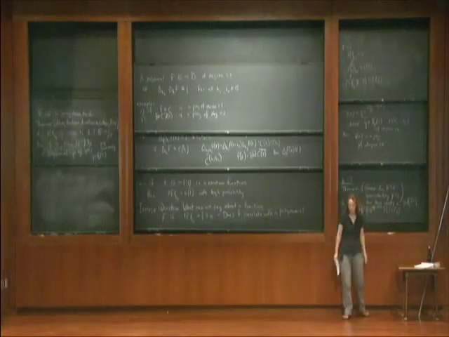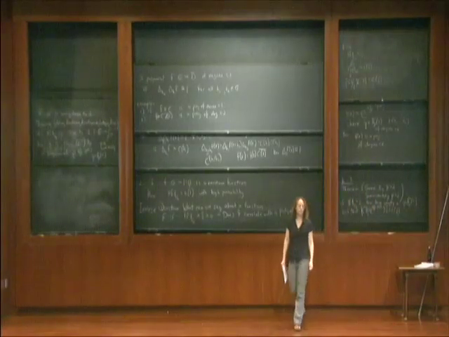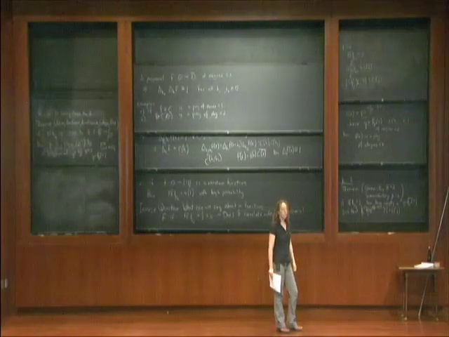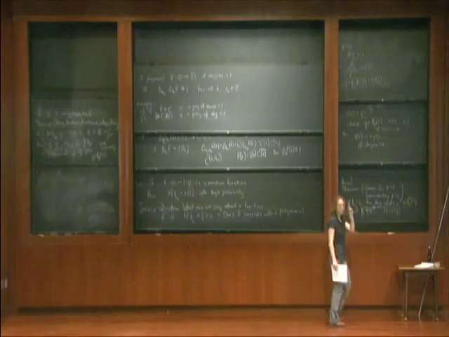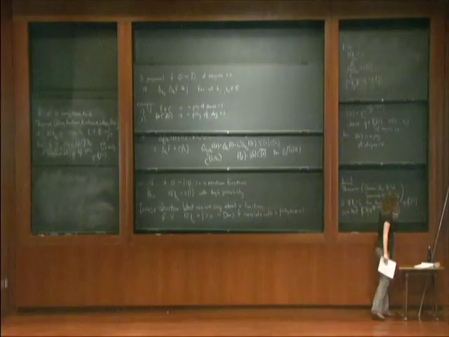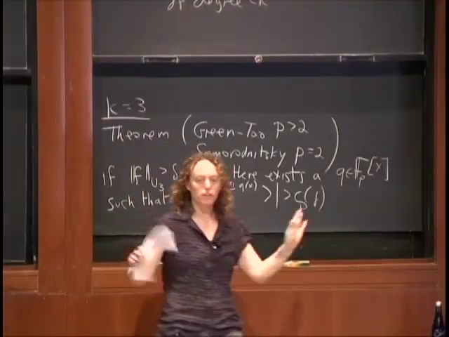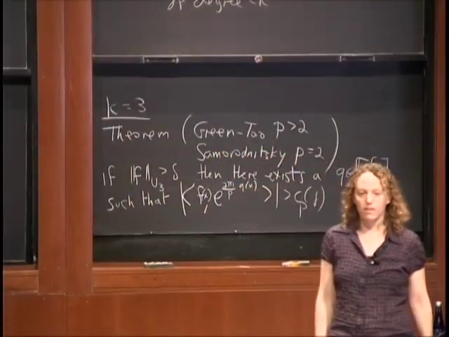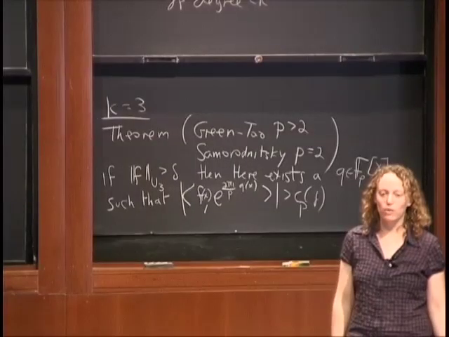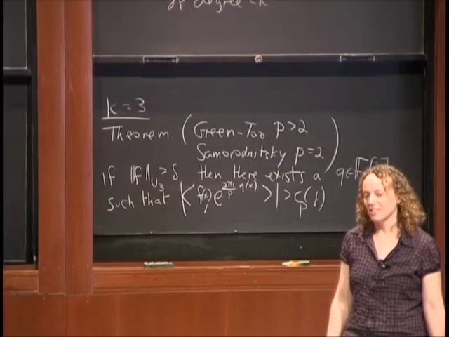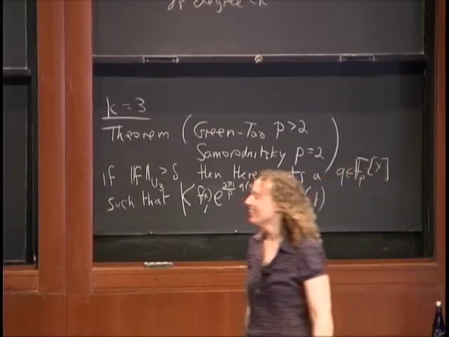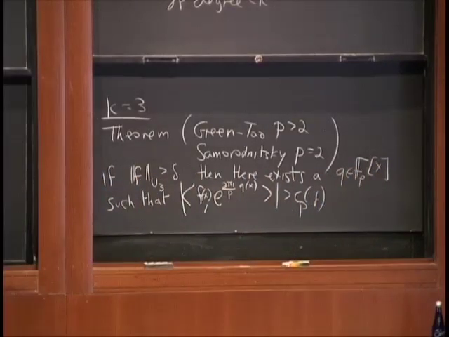But this c of delta depends only on delta. So p is fixed. I wanted to say that it's 2, but I don't want to say that because I want to talk about higher characteristic as well. For some people it's always 2.